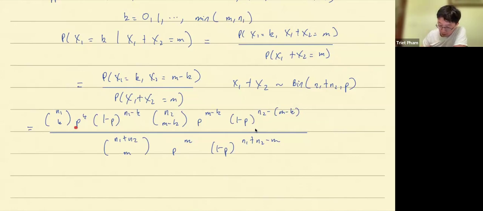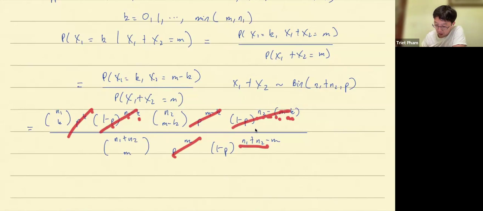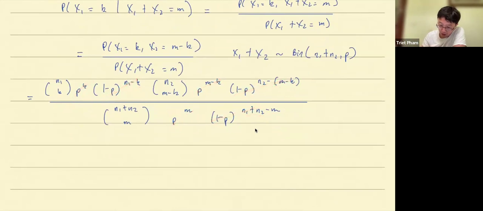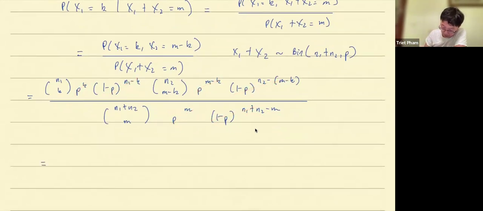So note, p to the k, p to the m minus k, that's p to the m. 1 minus p to the n1 minus k and 1 minus p to the n2 minus m plus k, that's n1 plus n2 minus m. So they cancel, leaving us with n1 choose k, n2 choose m minus k, over n1 plus n2 choose m.